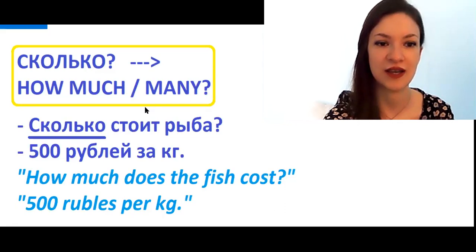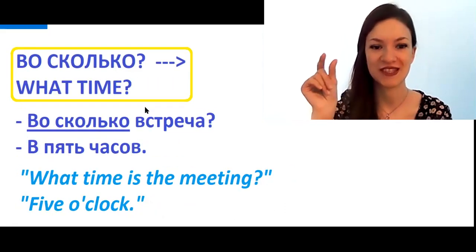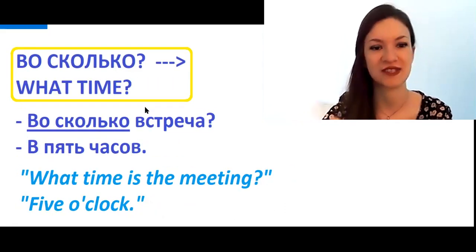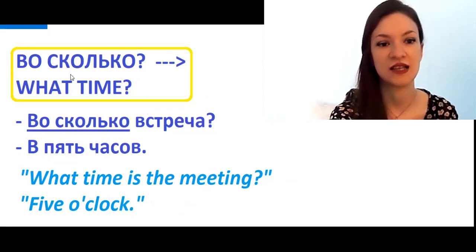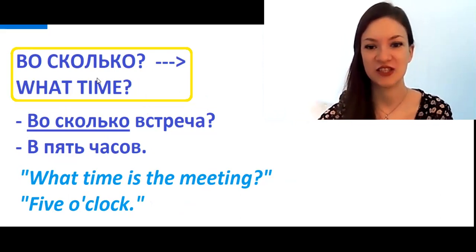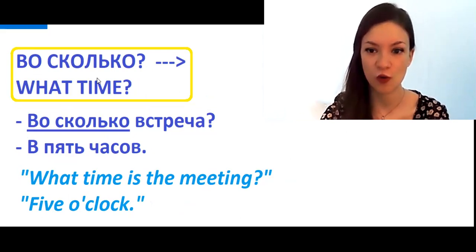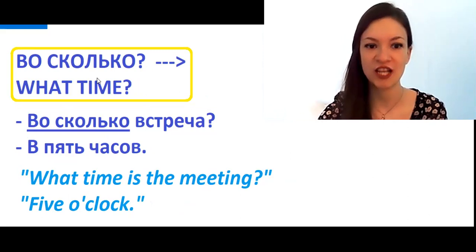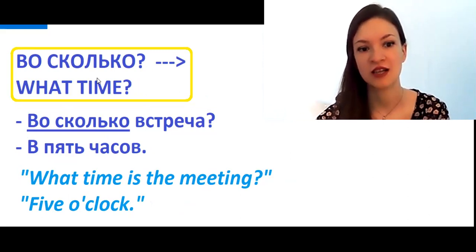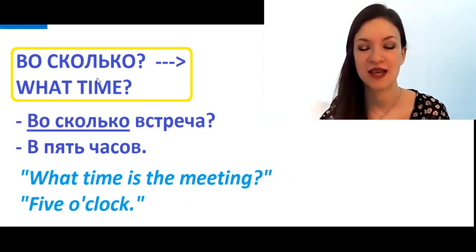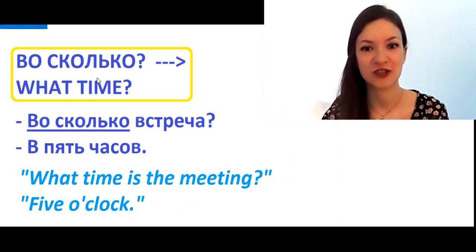And if you add this short preposition, во, it dramatically changes the meaning of this expression. So сколько means how many, how much, and во сколько means what time. So be very careful and just try to memorize this.